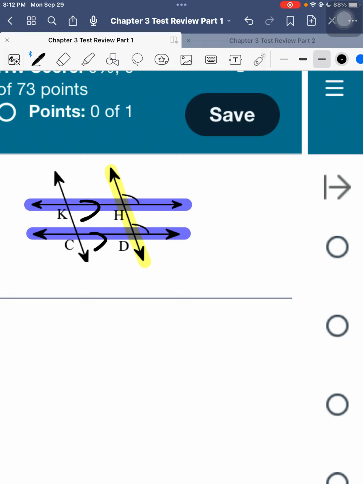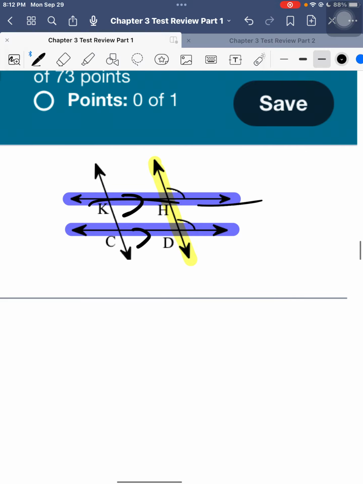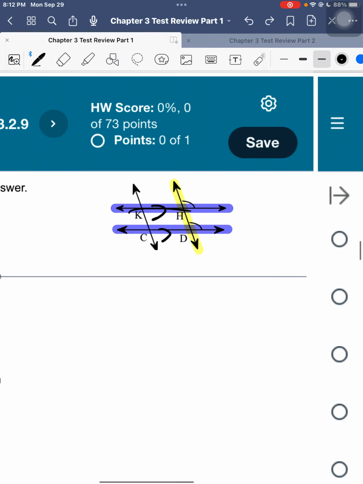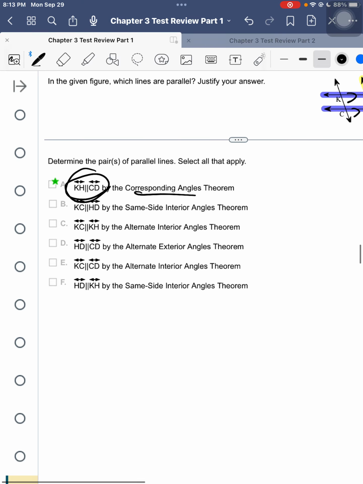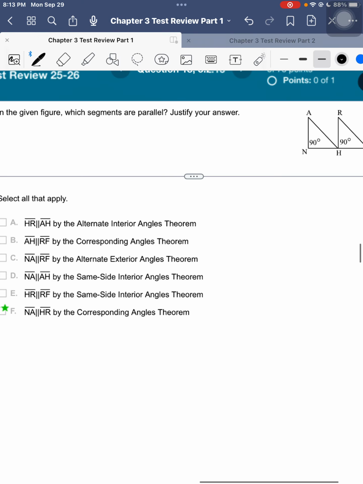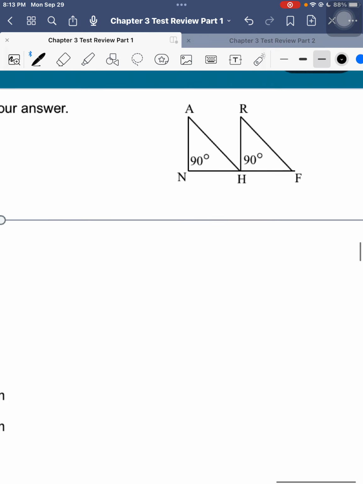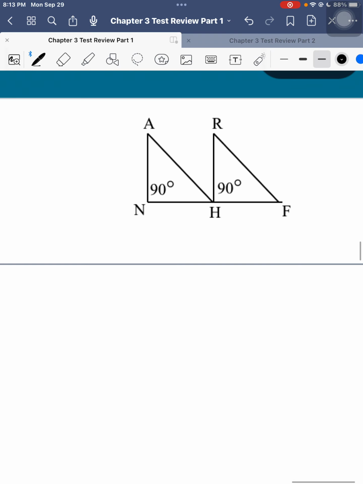KH and CD. KH and CD are parallel because of the corresponding angles theorem, which tells me that if my corresponding angles are congruent, then my lines are parallel. Which lines? The transverse lines, these two. KH and CD, corresponding angles theorem.